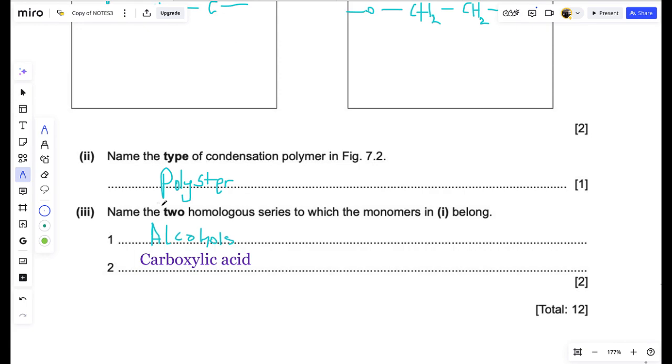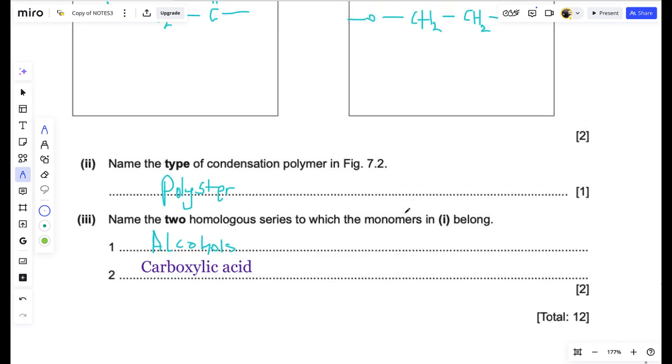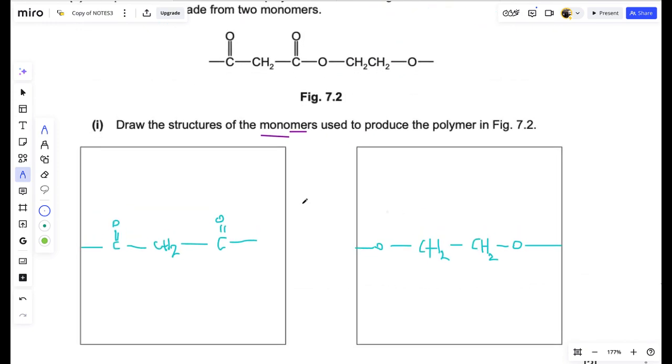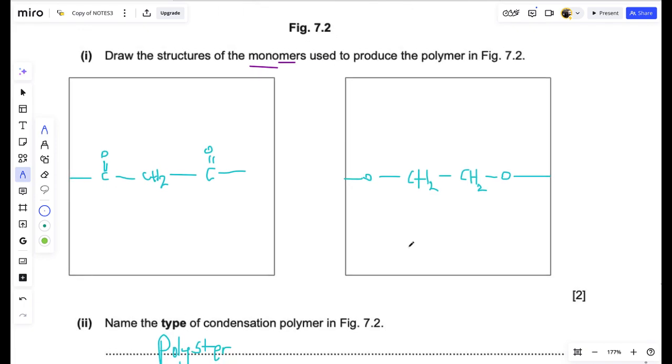Now, name the homologous series to which the monomers belong. Of course, once you see double bond to O, one is carboxylic acid, the other one is an alcohol. Okay? Alcohol, like you can have OH, right? If we want, we can put H here.